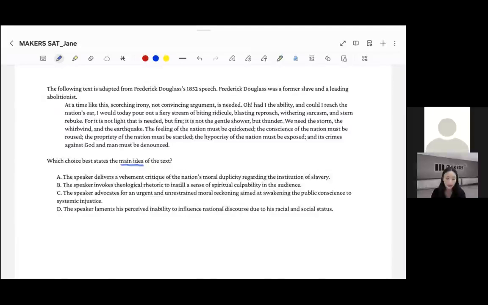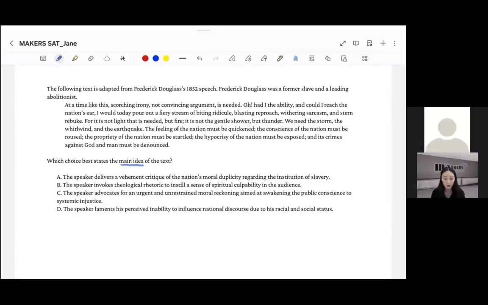At a time like this, scorching irony, not convincing argument, is needed. Oh, had I the ability and could I reach the nation's ear, I would today pour out a fiery stream of biting ridicule, blasting reproach, withering sarcasm, and stern rebuke. For it is not light that is needed, but fire. It is not the gentle shower, but thunder.